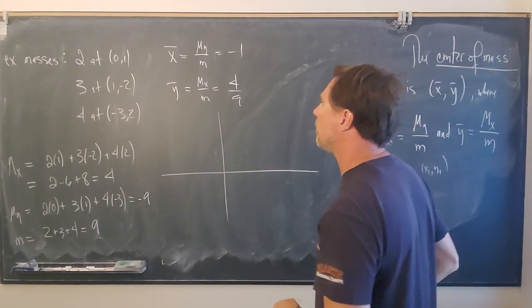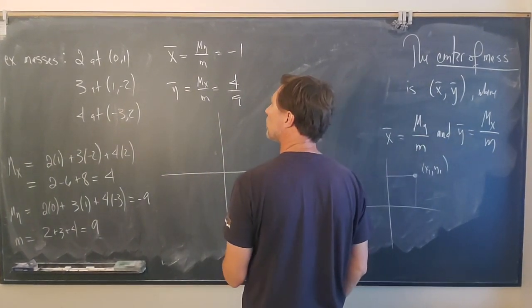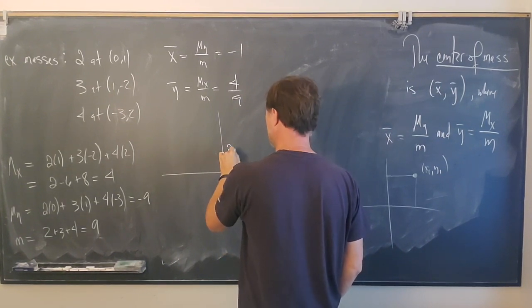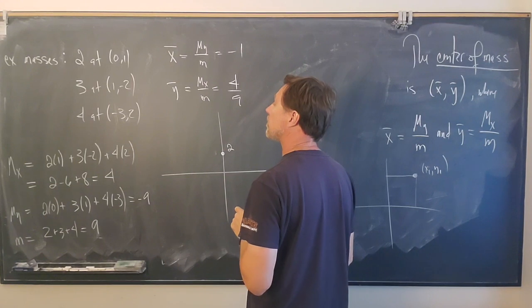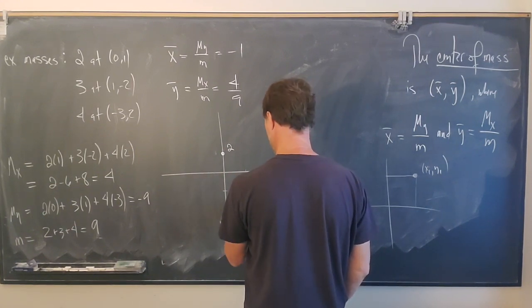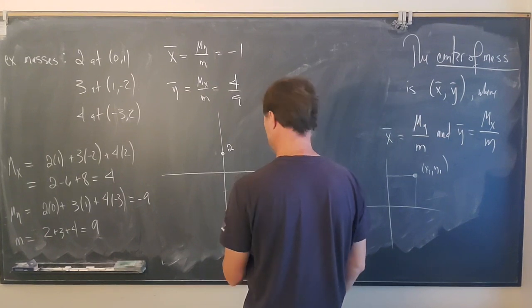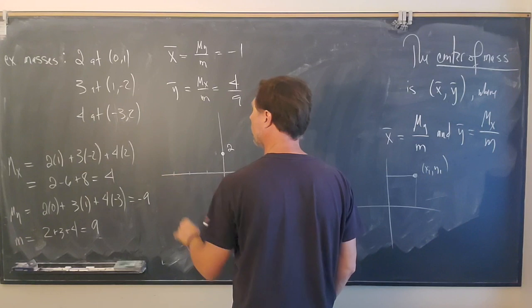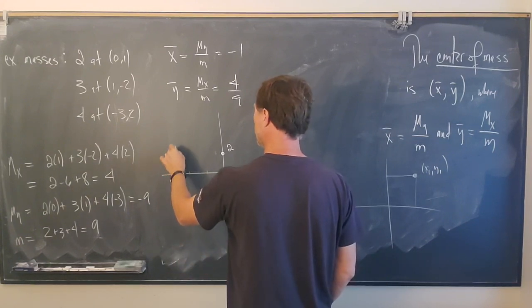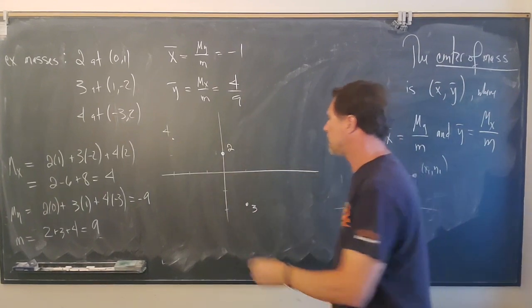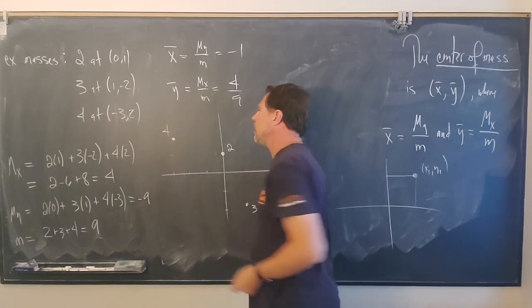We have a mass of 2 at the point 0, 1. So over 0, up 1. All right, so we put a mass of 2 right there. We have a mass of 3 at 1, comma, minus 2. So there's a mass of 3 right there. And then at negative 3, comma, 2, we put a mass of 4. So if you take these masses and imagine now, what is the center of mass?